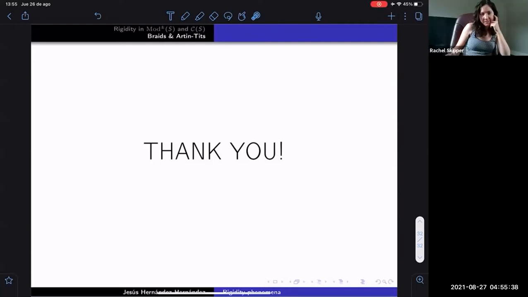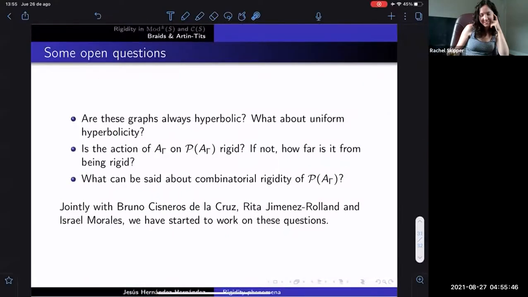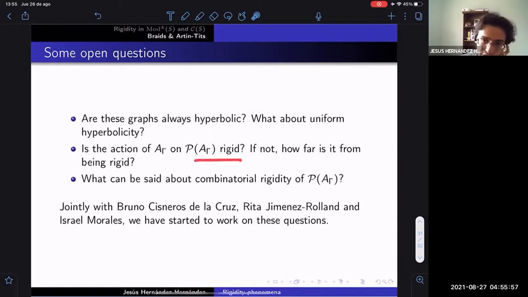So what do you believe the answers to be for those last three questions? Do you have any guesses? My guess would be they are not always going to be hyperbolic, but they are going to be hyperbolic in the nicer cases, whatever that means. And for this one, the answer is no, because, for example, with the braid group the parabolic subgroup graph is not rigid.